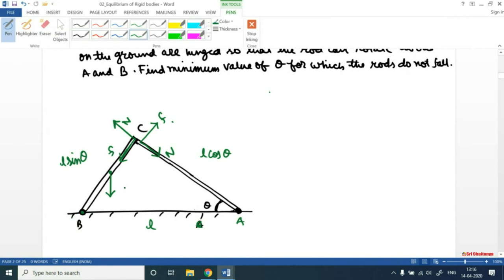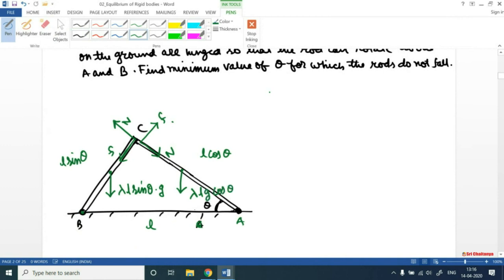Its weight can be written as lambda L sin theta into G. Similarly, the weight of the other rod, acting at its center of gravity, would be lambda L G cos theta.